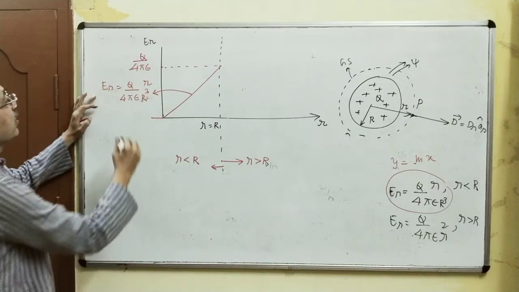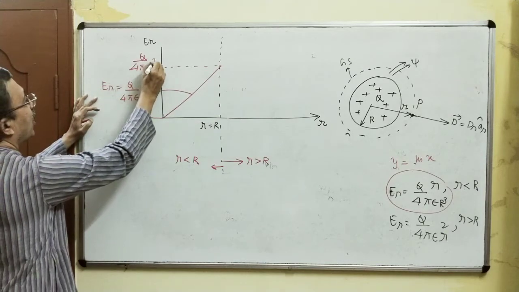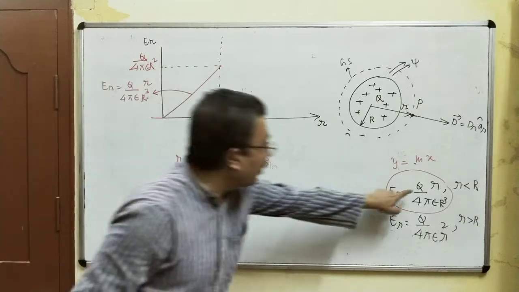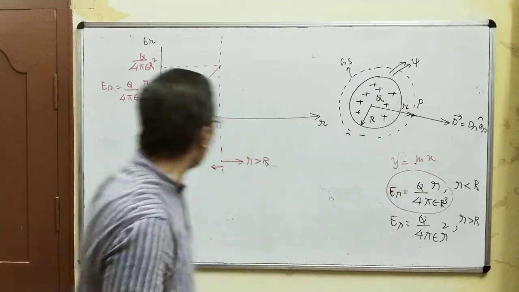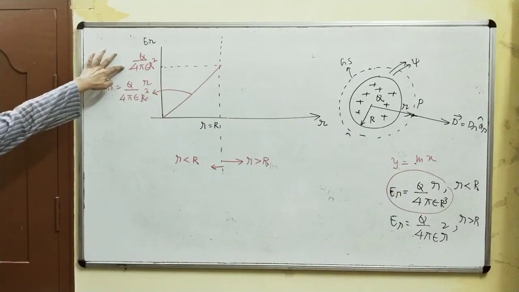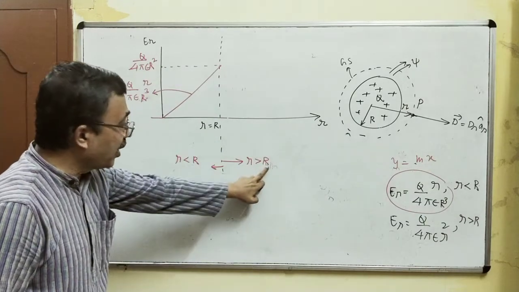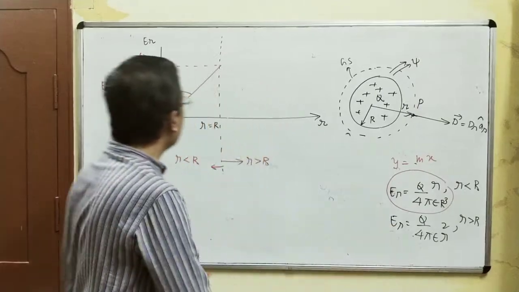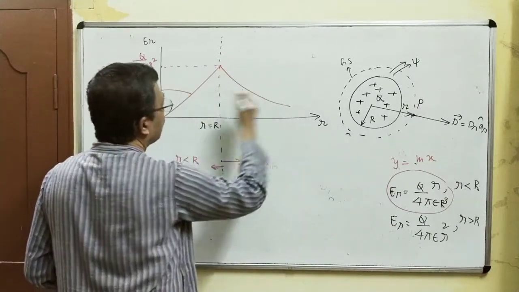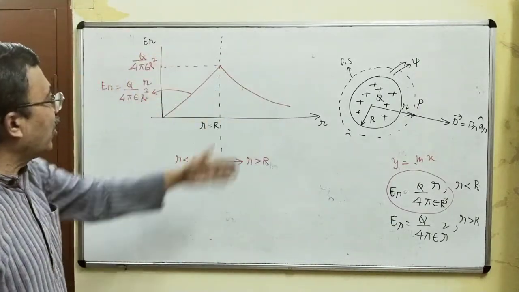That value is Q by 4 pi epsilon R square. In this expression, if you replace small r by capital R, this is the expression you get. For small r greater than capital R, this is the expression. It falls off in the form of inverse square law.